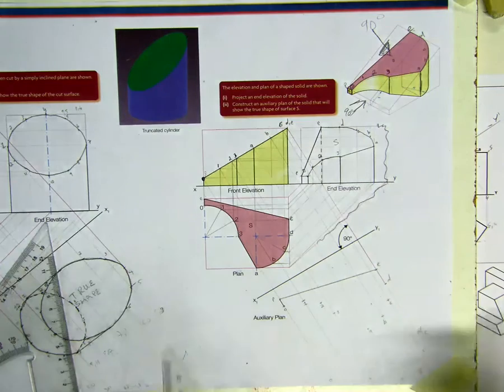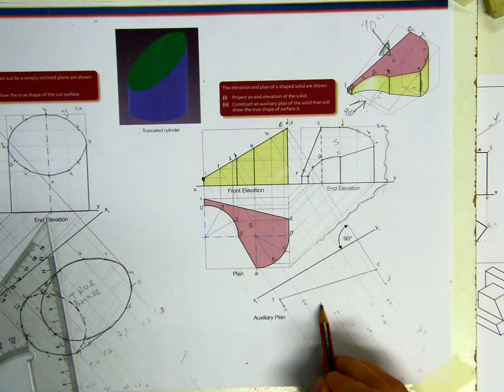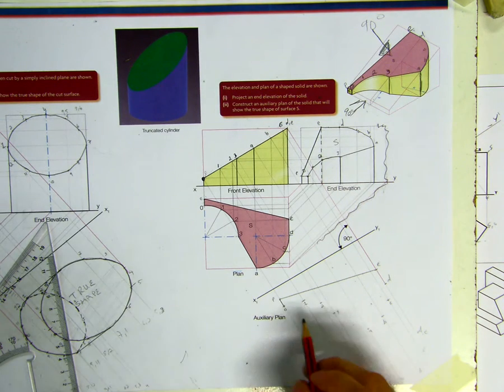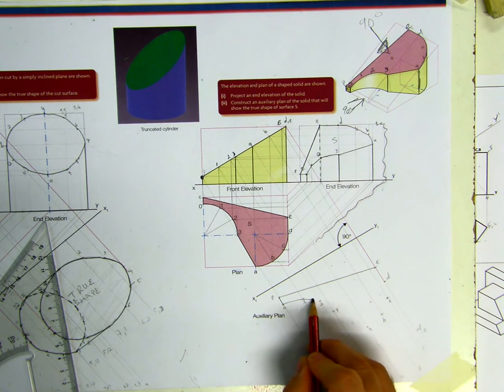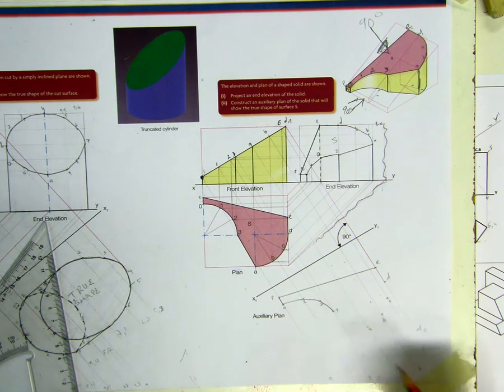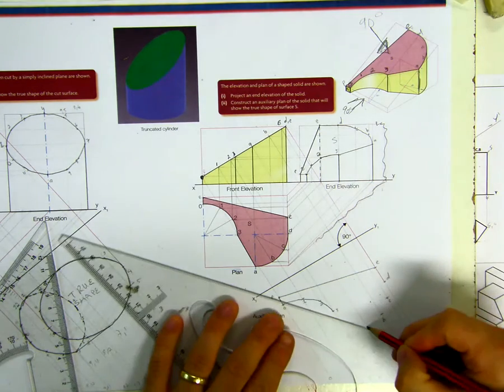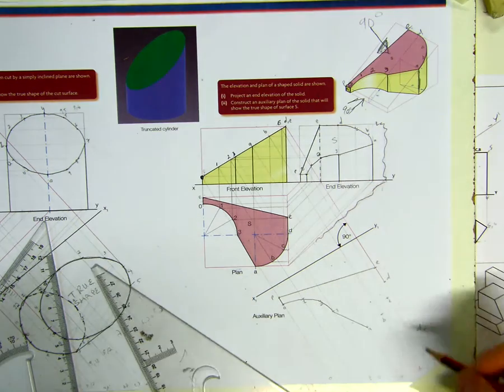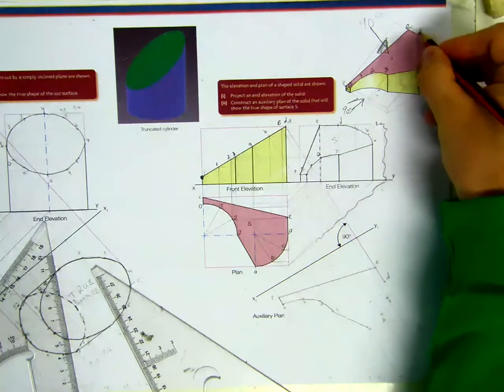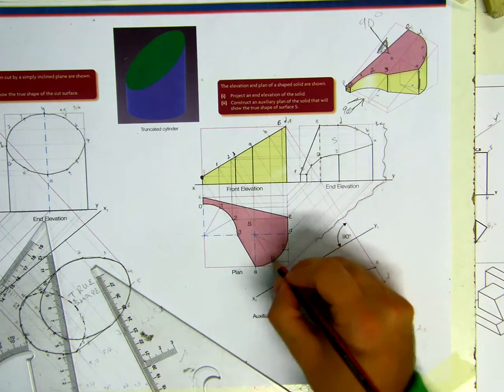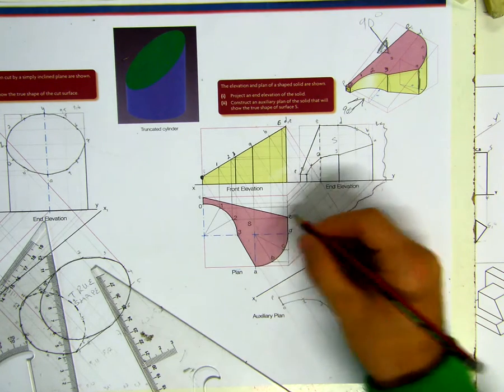They're an edge. We know then 1 to 2 to 3, 0, 1, 2, 3 is a curve, so we can freehand that curve in there. Okay, we know 3 then to A is an edge, so we can join that using set square. And we know then A, B, C, and D is a curve, and then there's a straight line from D to E.